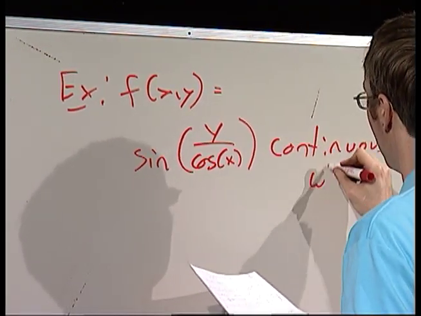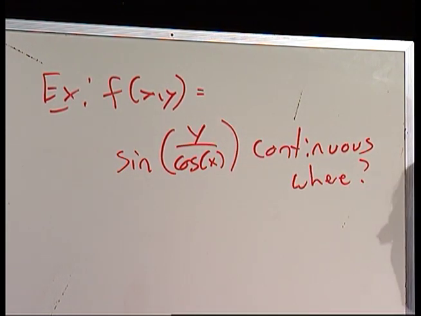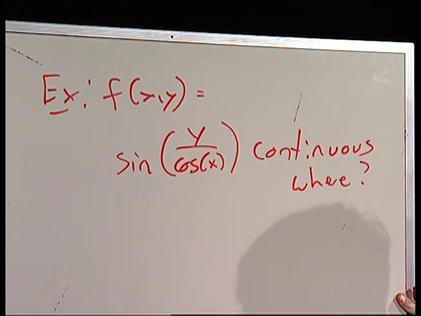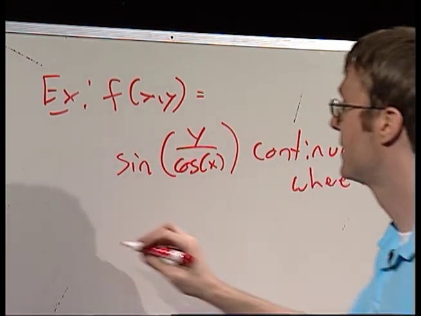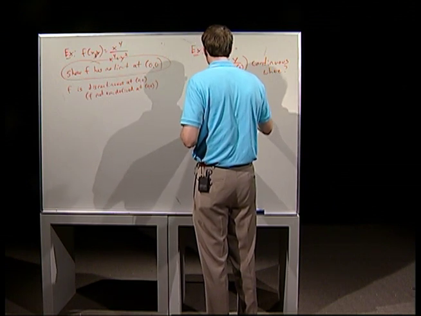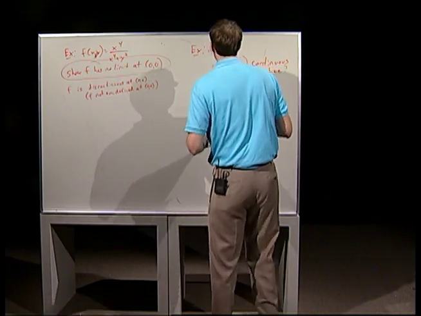This is continuous where? Right, so sine of y over cosine x, where is that guy continuous? OK, it is continuous on its domain. What is its domain?